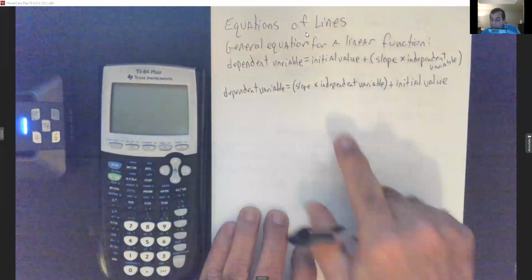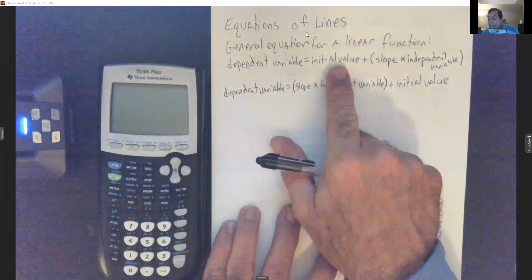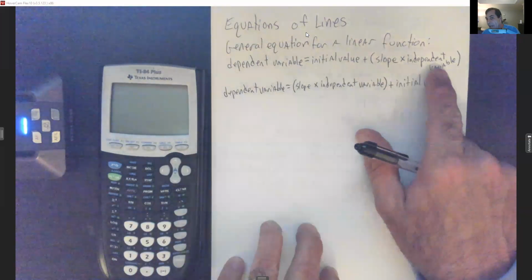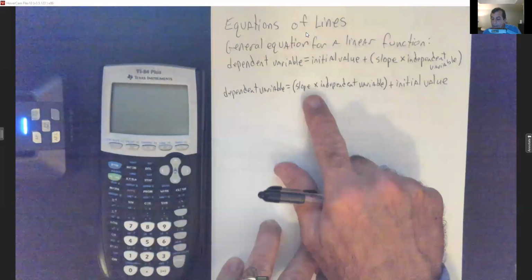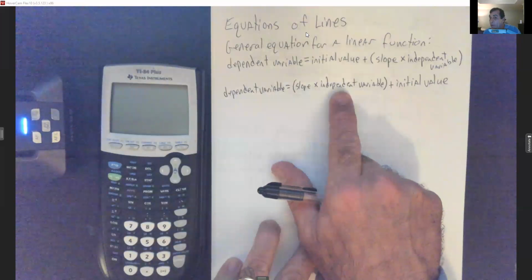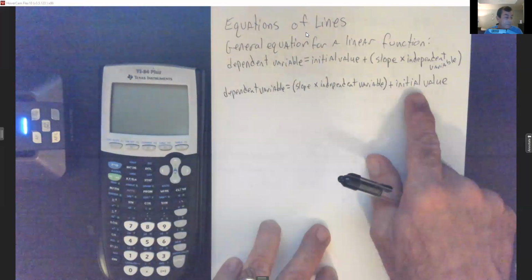So in the first one, they start with the initial value and then add whatever your slope times your independent variable is, which is your x. In this one, they do that first. They take your slope times your independent variable, which is your x, and then they add that initial value.